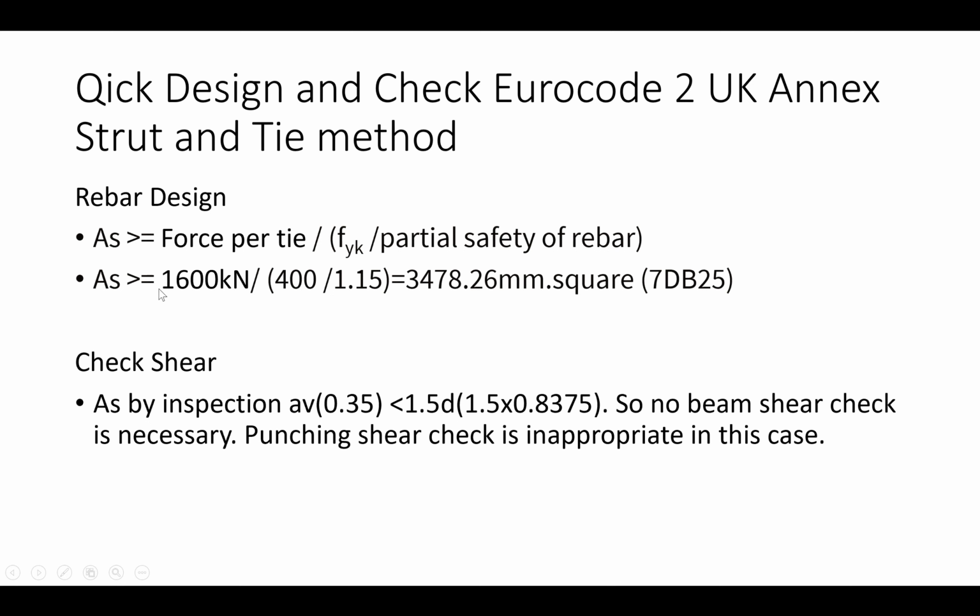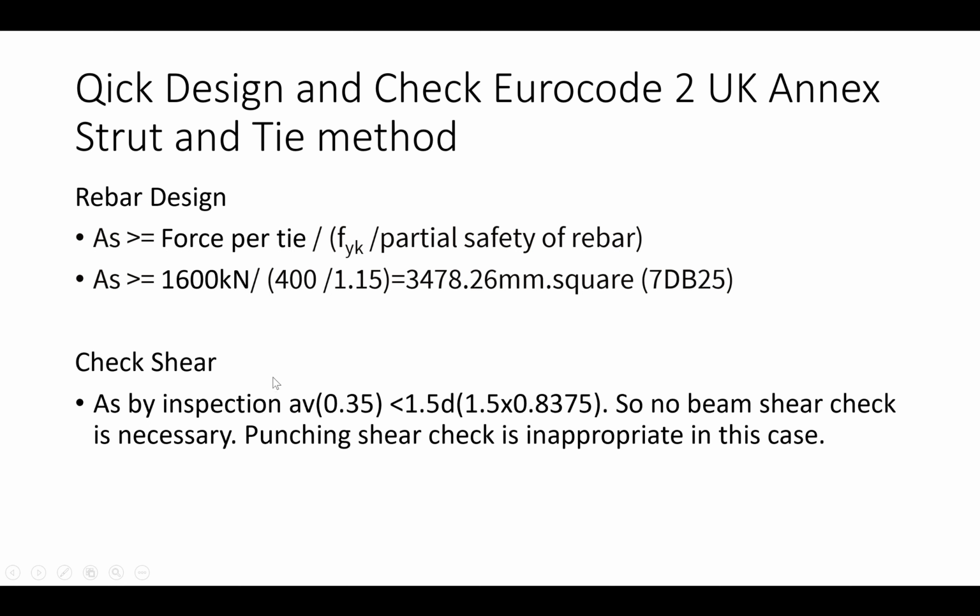The required rebar area is greater than or equal to the force per tie divided by the design strength of the rebar. So the result is 3,478.26 square millimeter. We use 7dB25.